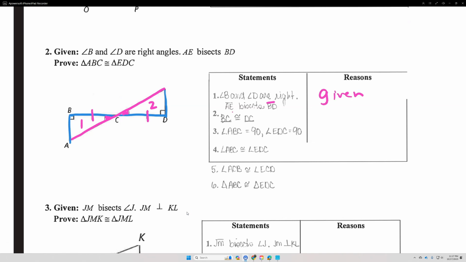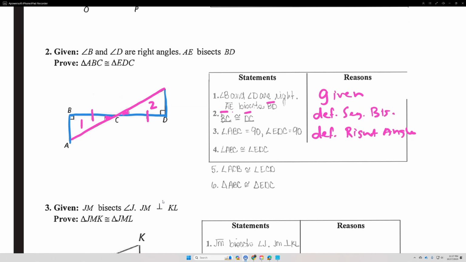So angle B and angle D are right, and segment AE bisects segment BD. That's given. Segment BC is congruent to segment DC. That's definition of segment bisector. We know that the measurement of angle ABC and the measurement of angle EDC are 90. That's by definition of a right angle. And we have two corresponding angles, and we have the included side that are congruent.